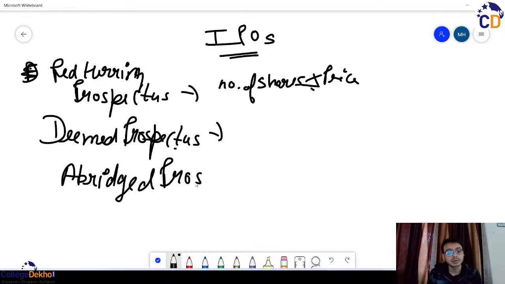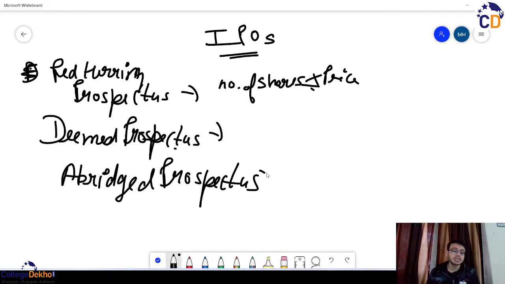Abridged prospectus. When we talk about the prospectus in general, it can be a very long statement that can include a large number of details, starting from everything about the company, as I told in the case of the red herring prospectus. In the case of some large companies, it can be up to 400 or 500 pages, and it is quite difficult for an ideal or layman investor to read everything. That person may also not have time to read 500 or 600 pages in one go, right?